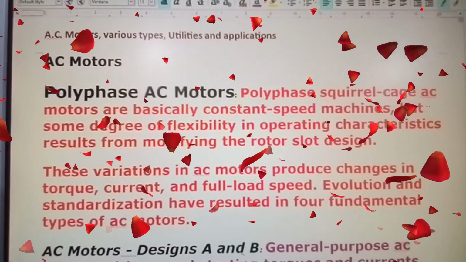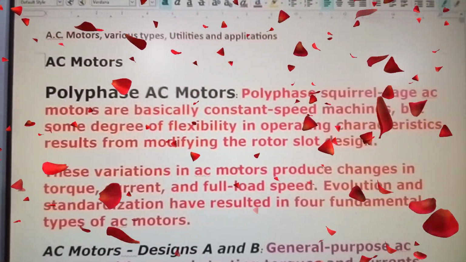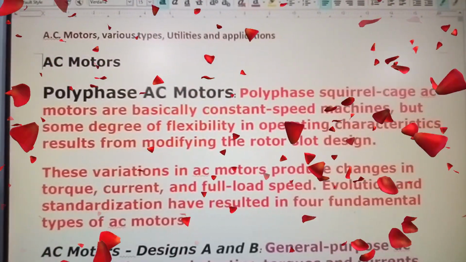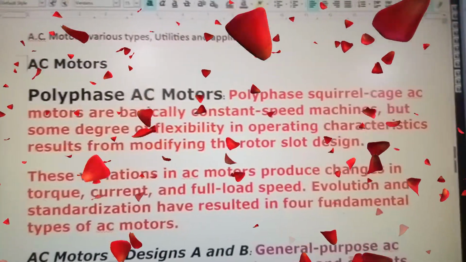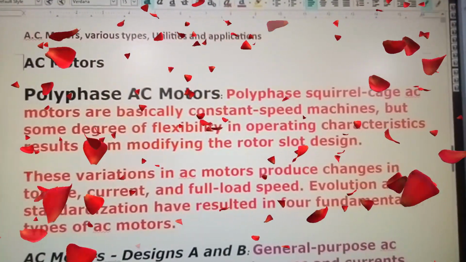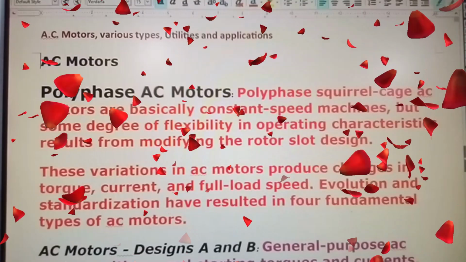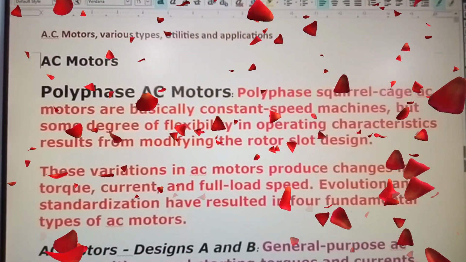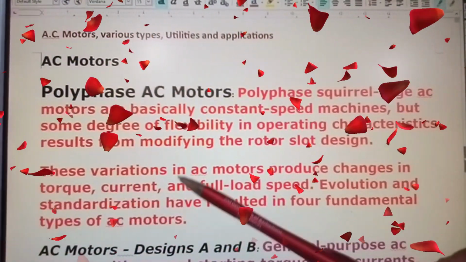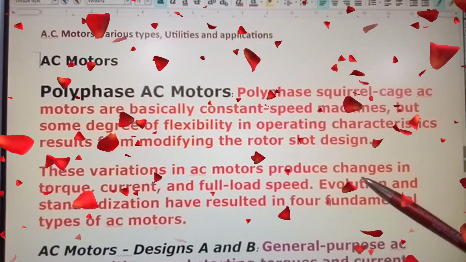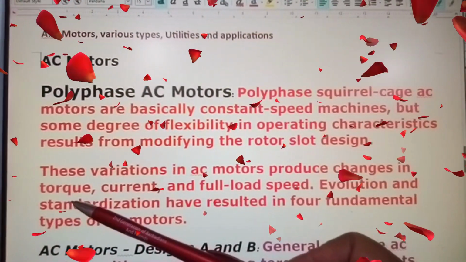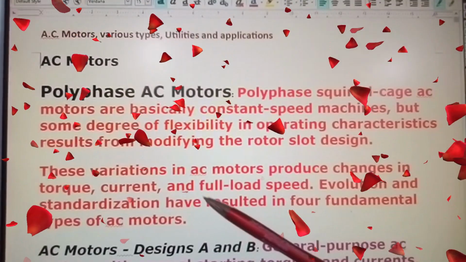So what we're saying here is that by changing the rotor slot design, we can change how the motor will behave. Now, these variations in AC motors produce changes in torque, current, and full load speed.